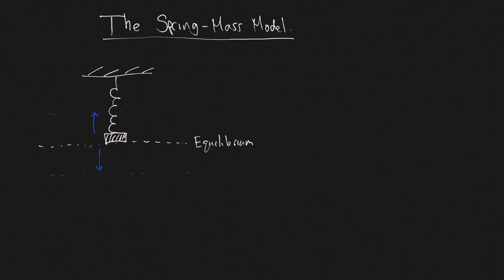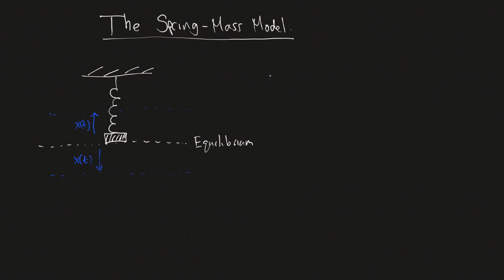Using these blue arrows, I'm going to call it displacement, because whether the object is below equilibrium, down here, or above equilibrium, over here, we're going to call that displacement x of t.